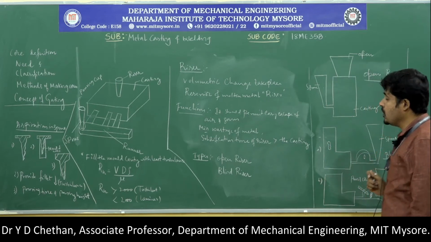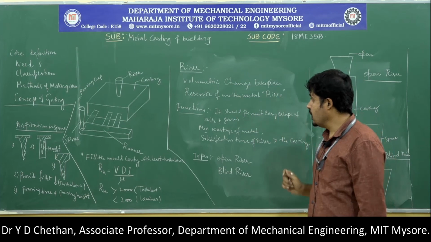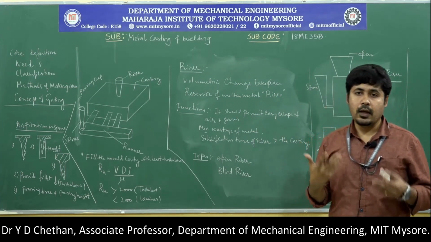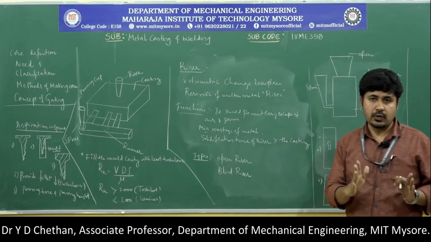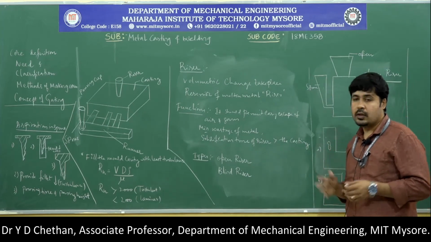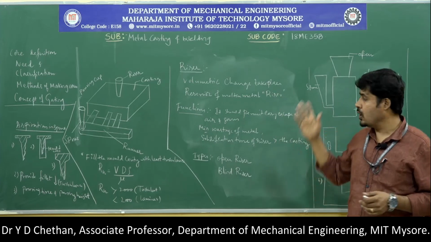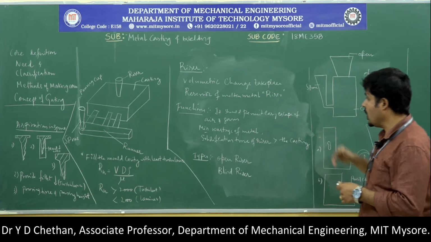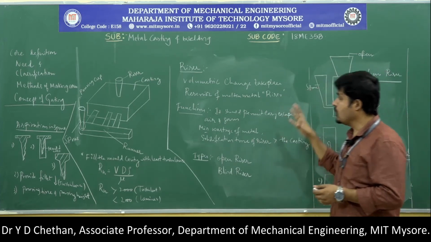The next concept is the riser. This is the last element in the gating system. The function of the riser is to provide liquid metal when the volumetric change takes place during solidification. At the very beginning we discussed shrinkage allowances, which have three segments: liquid shrinkage, solid shrinkage, and solidification shrinkage.